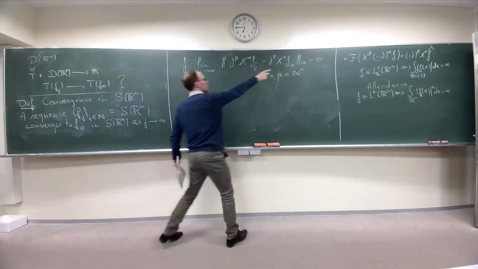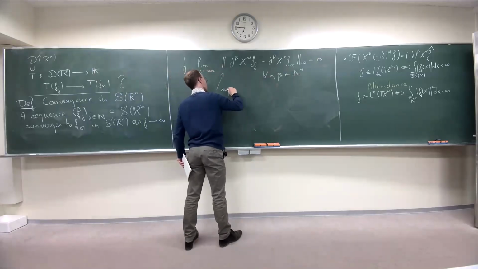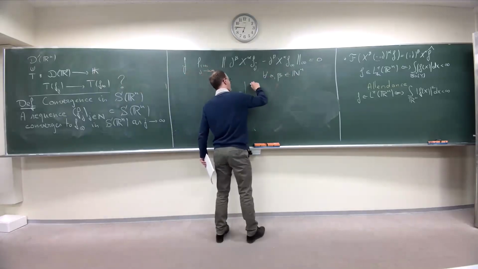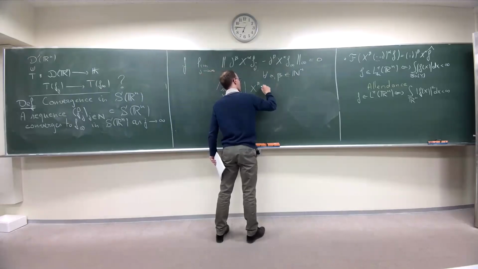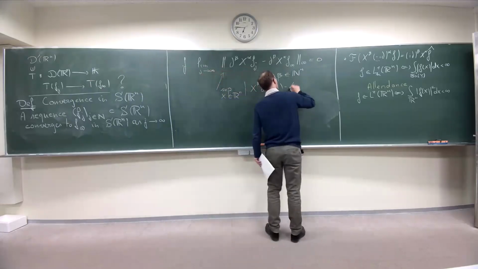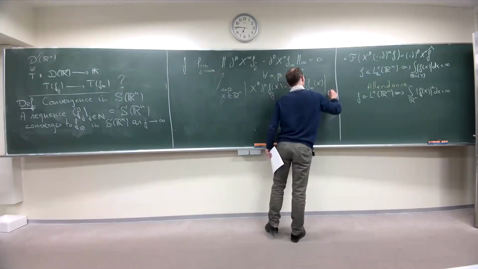First, let me remind you what this infinity means. It means the supremum over all x in R^n of x^beta d^alpha f_j at x minus x^beta d^alpha f_infinity at x.